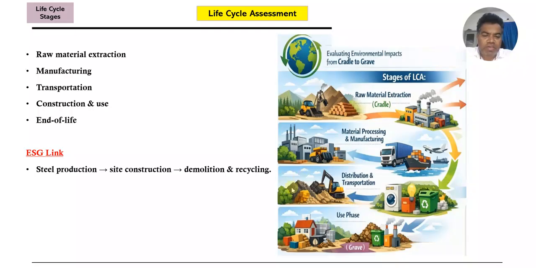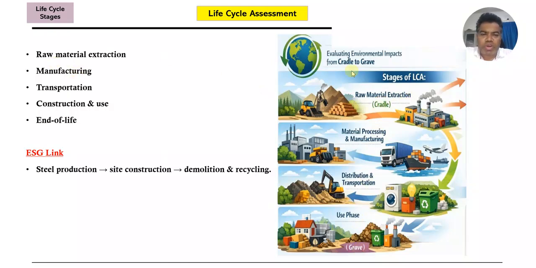Then finally, after passing its life, it goes to final disposal. Technically, we call it the grave. So these are the stages of LCA. Technically, we call it cradle to grave, from the first stage to the last stage.